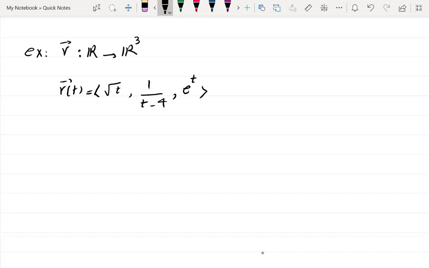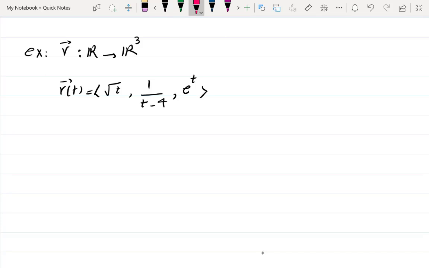This is a vector function which images each real number to a position vector in 3D. To find the domain of this function, it is needed to find each component's domain.